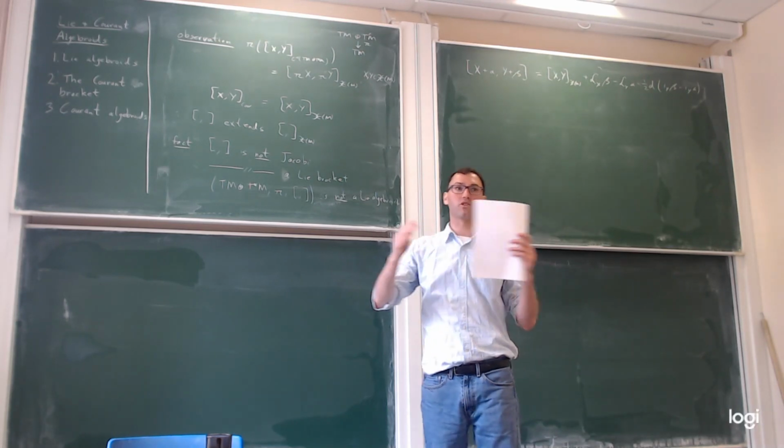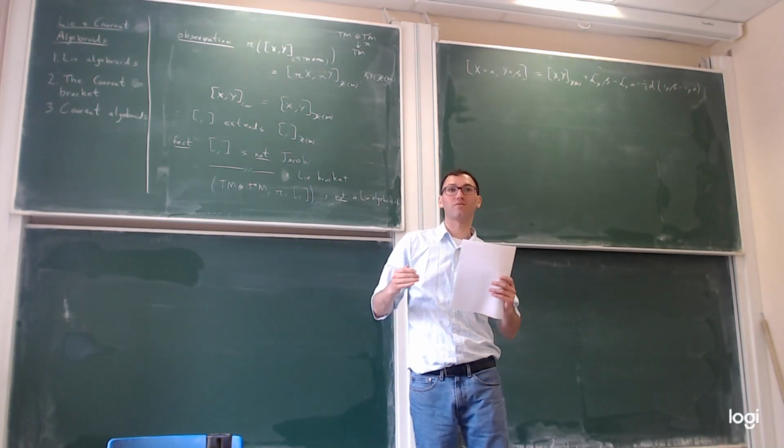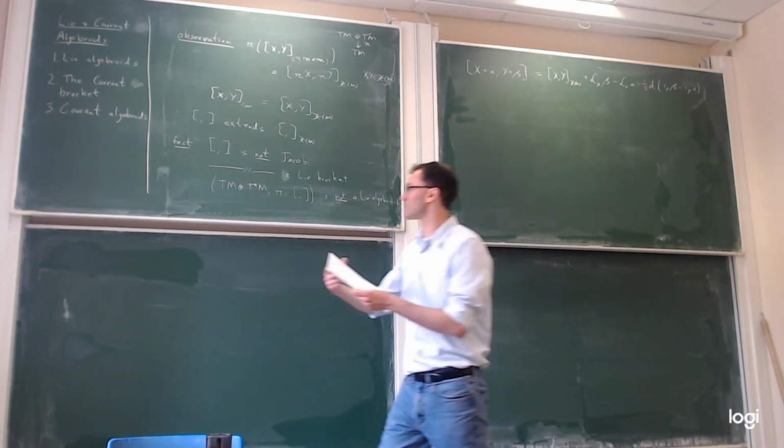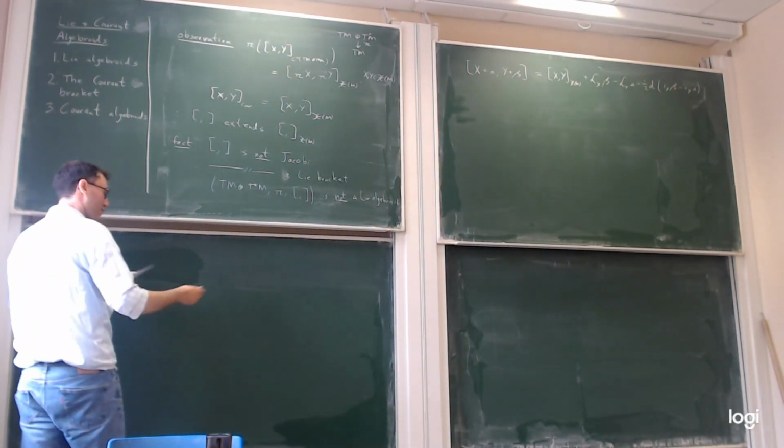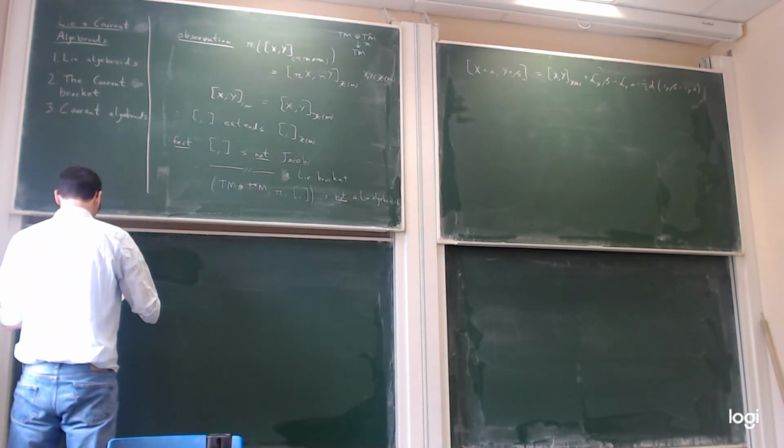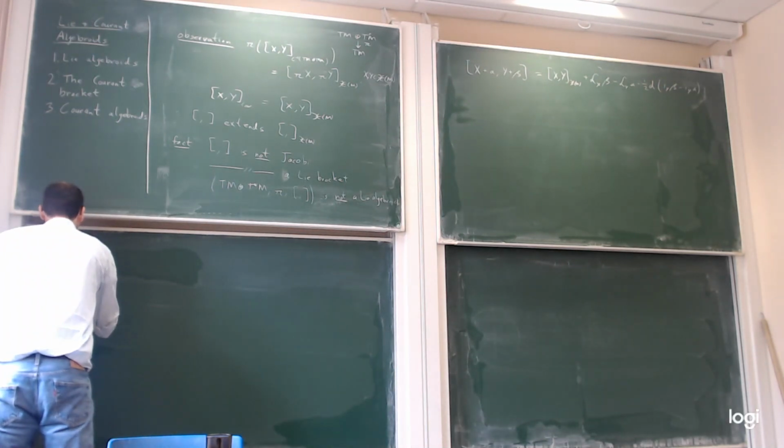So this is going to measure the distance between our Courant algebroids and Lie algebroids, in some informal sense. Okay. So we have two definitions here.